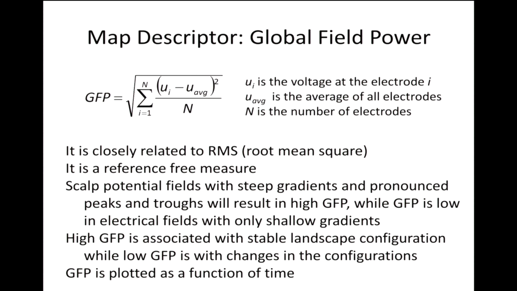It is a reference-free measure of the scalp potential fields. If your global field power is high, that means at that moment there will be steep gradients of the potential fields, either a positive peak or a negative peak.